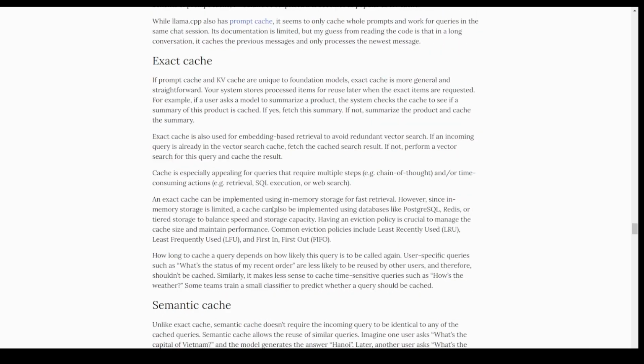And the second aspect of caching is the exact cache. I would say exact cache is similar to how we develop normal software engineering applications.